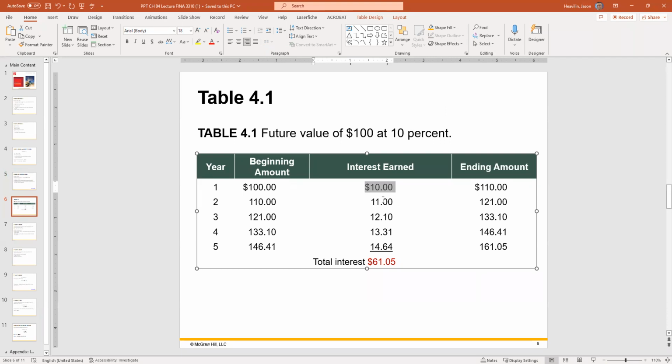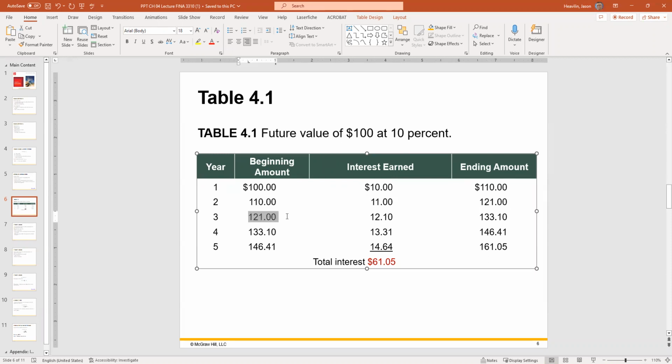Now, assuming that you did not deposit any more money and you did not withdraw any of the money, now you have $110 in your account. So on the next round of interest, you start with that 110. So now it's 10% of that. So now you have $11 of interest earned. You add that to the original 110, now you're up to $121.